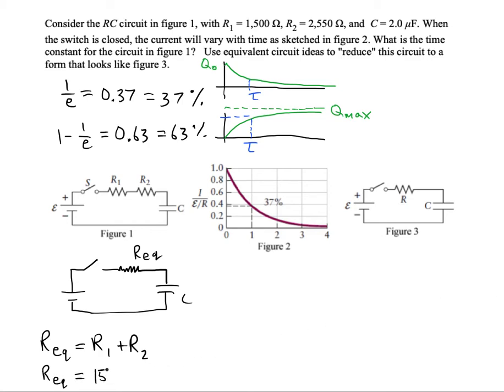So that's 1500 ohms plus 2550 ohms, which is 4050 ohms total.